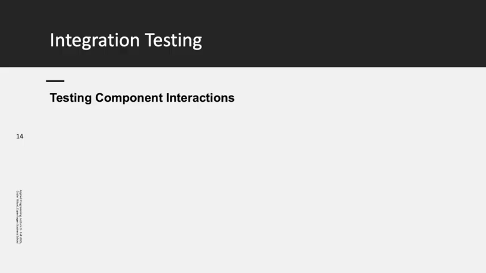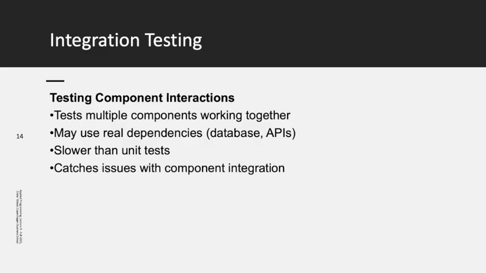In web applications, integration testing typically means testing things like: does your API correctly save data to the database? Does your authentication system work with the database? Do multiple services interact correctly? Does your API correctly consume an external API? And so on. Integration tests often use real dependencies.